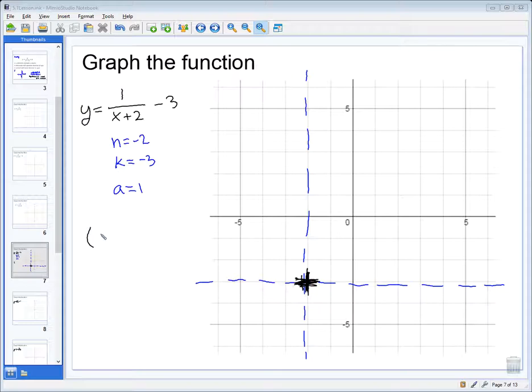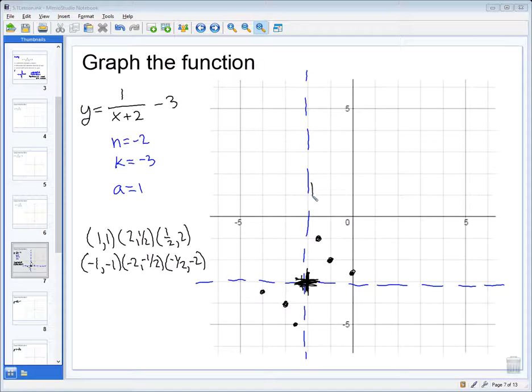So now we're going to graph the points (1, 1), (2, 1/2), (1/2, 2), and the negatives of those: negative 1, negative 1, negative 2, negative 1/2, and negative 1/2, negative 2.